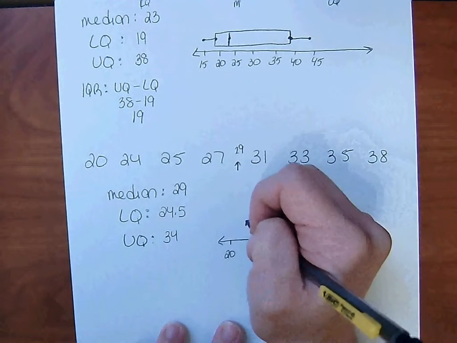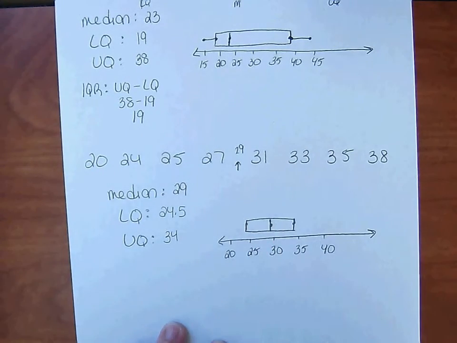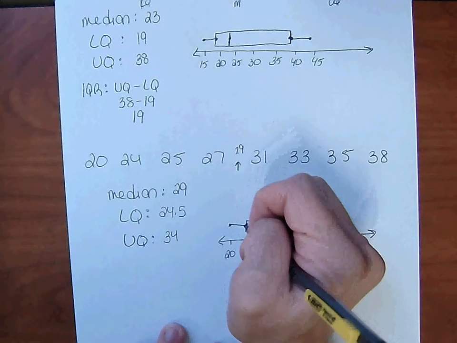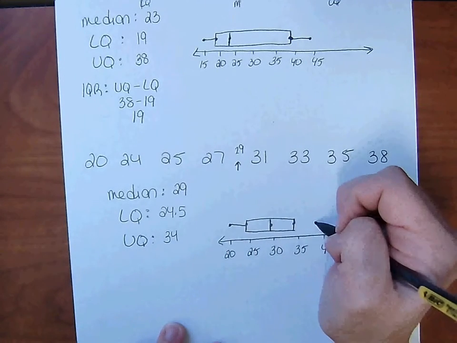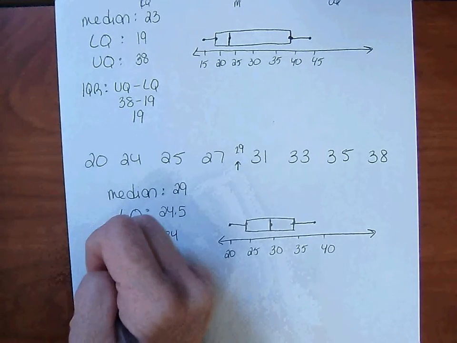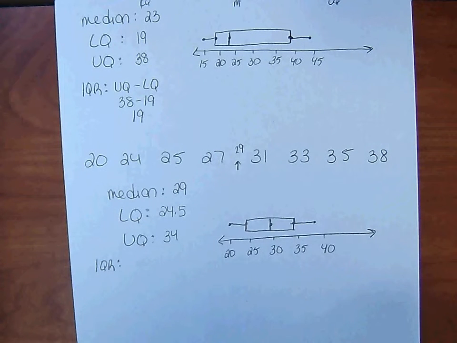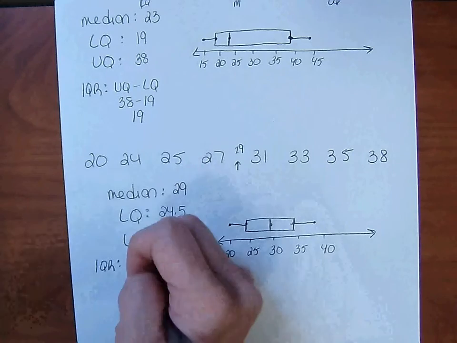Make the box. There's the median. And the whiskers, lower extreme, upper extreme. Let's go ahead and find the interquartile range. So UQ 34 minus LQ 24.5. Our interquartile range is 9.5.